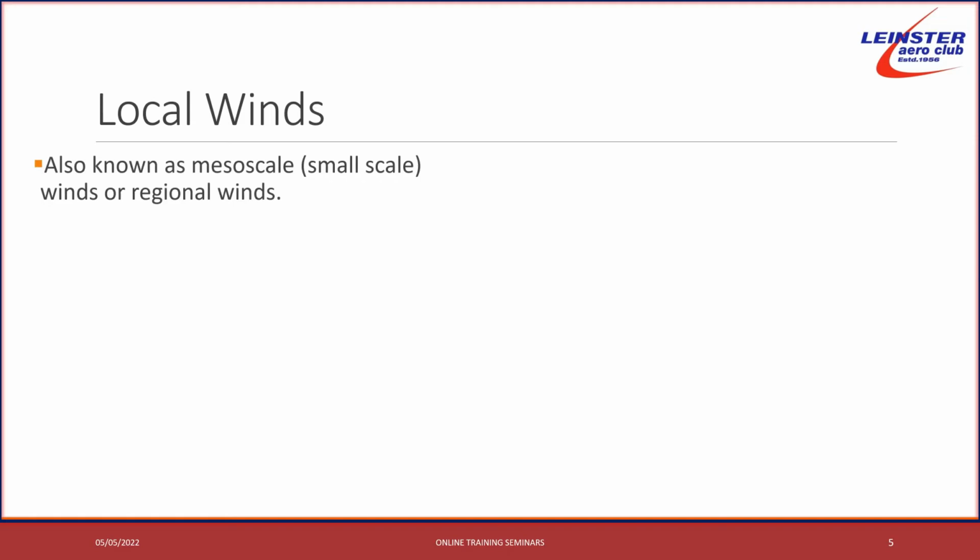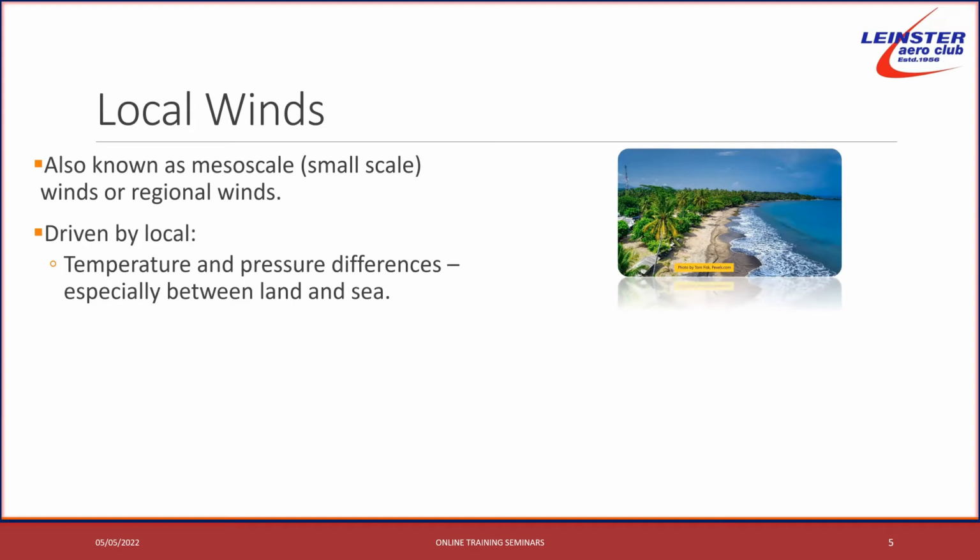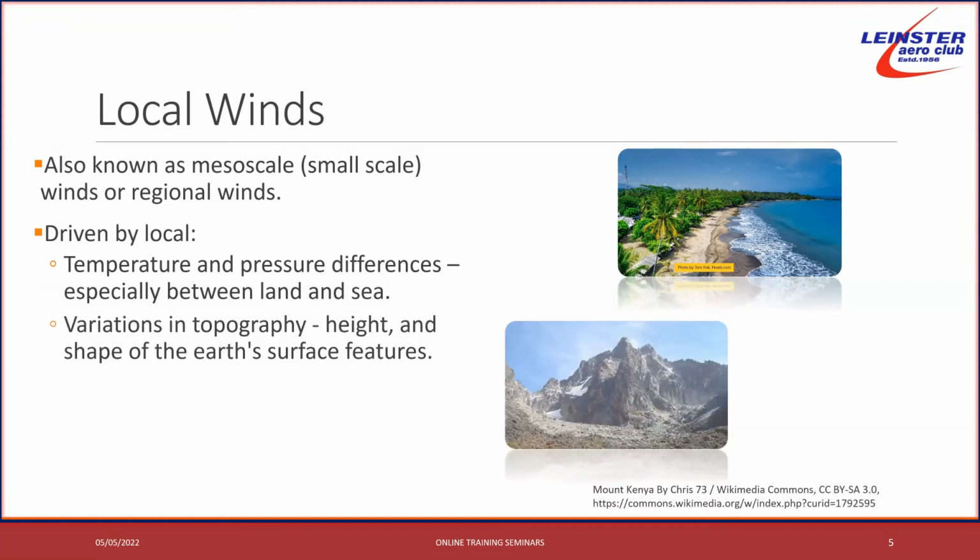And what are they? You'll see them referred to as mesoscale, which just means small scale winds. They're also called regional winds. So you can find those three terms: mesoscale, small scale, regional winds, depending on what source you're reading. They're largely driven by localized temperature and pressure differences, especially between land and sea, and we'll see some of that later when we look at sea and land breezes.